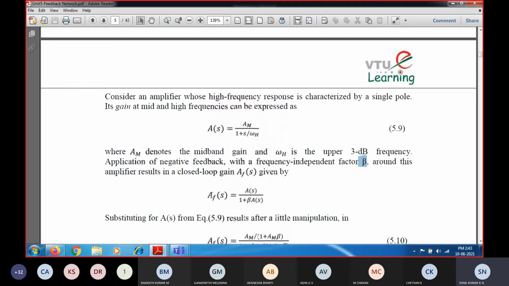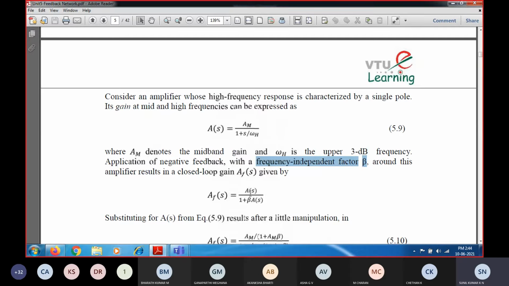So you can see AF of S will be equal to A divided by 1 plus A into beta, where A depends upon the frequency, so we have the S term, the complex frequency variable. In the denominator also A of S times beta. For beta there is no S because we have considered a frequency independent factor beta, so it is just like a constant.